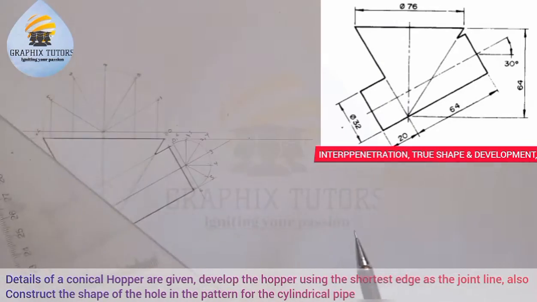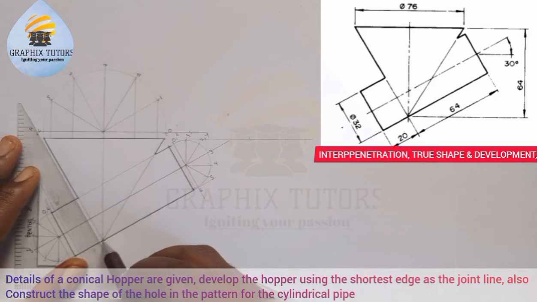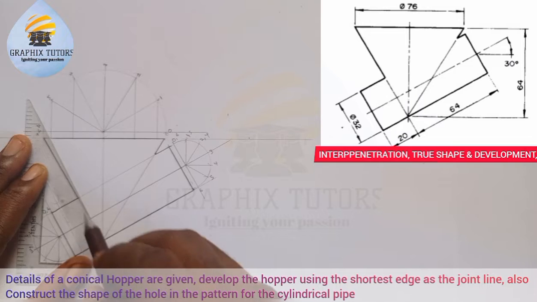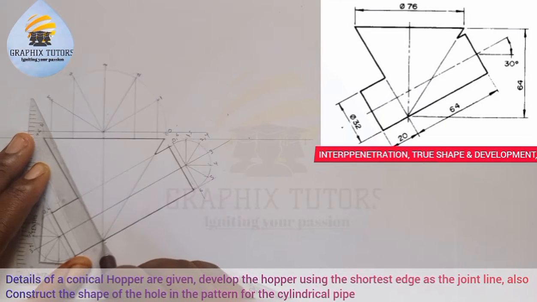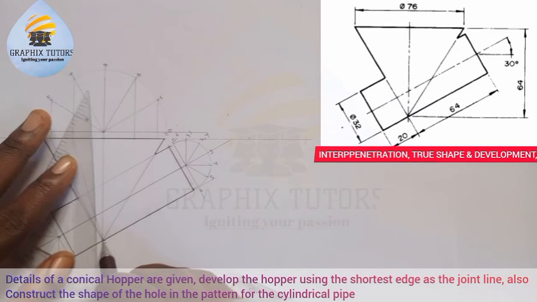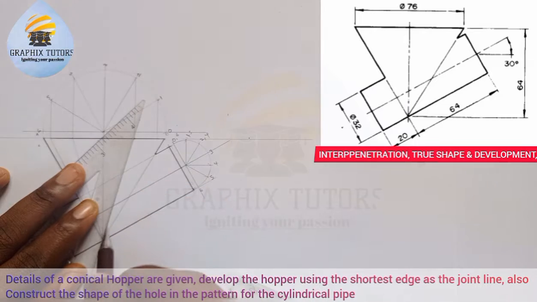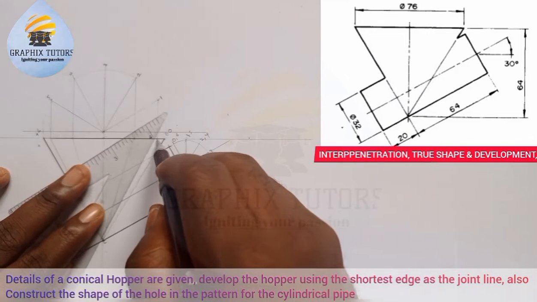Now I'm going to take that base to touch the center C. So this will come here to touch here. This from this point will come to touch here. Then this from this point will come to touch here. This from this point will come to touch here.